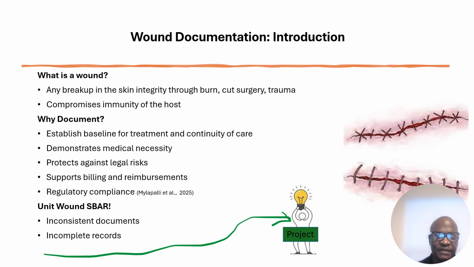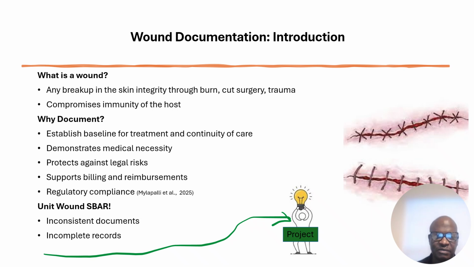Given the above reasons for wound documentation, what was the scenario on the floor? What I'll call the unit wound SBA. One of the things I noted was there was inconsistent documentation. In fact, there were some wounds that would be discovered when the patient was being discharged. Most of the records were incomplete, and there was variation in the terminologies used by different nurses.